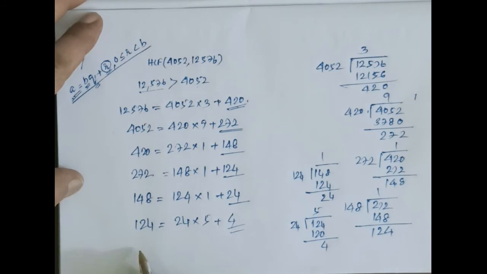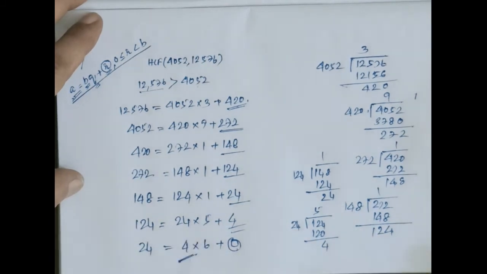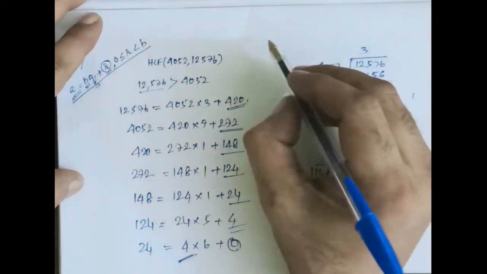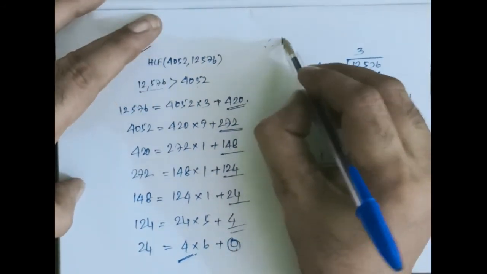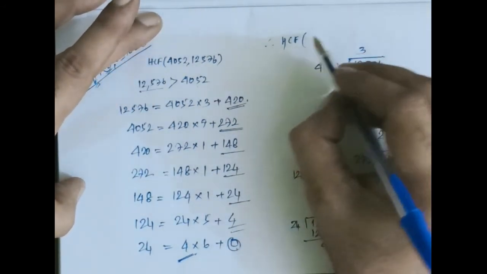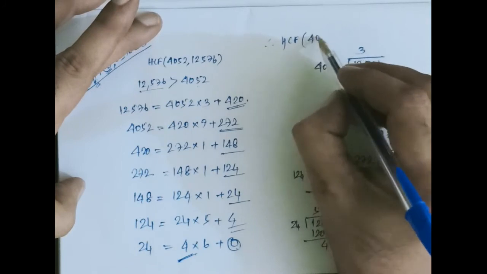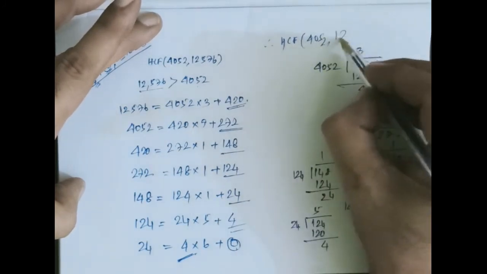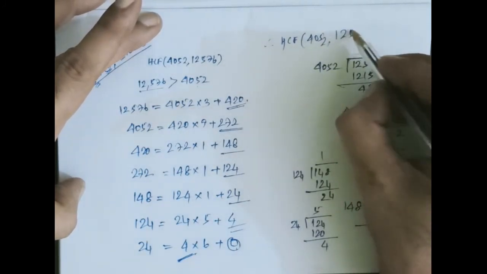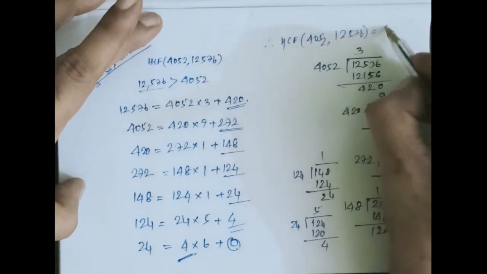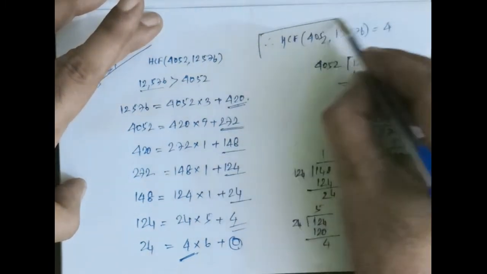Again, 24 equals 4 into 6 plus 0. Now we got the value 0. So when the remainder equals 0, we know that b is the divisor. Therefore we can write the HCF of 4052 and 12576 equals 4.